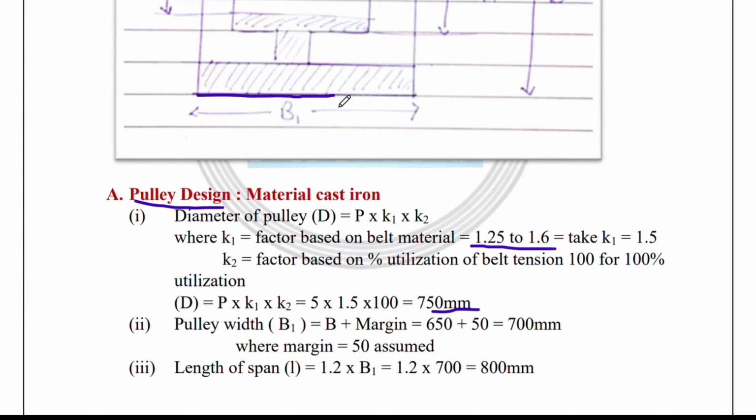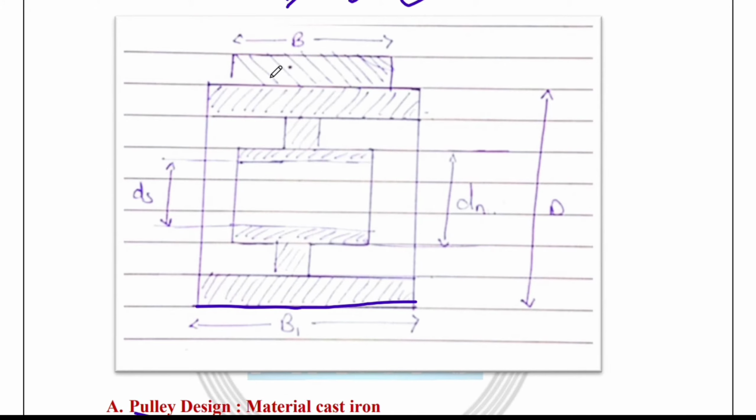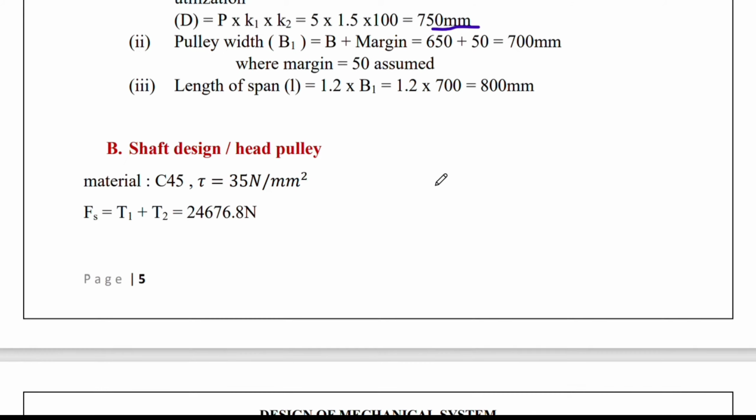Next we will find pulley width, which is B1. For this width, we can see this B plus this margin on this side and this side, so B plus both side margin.